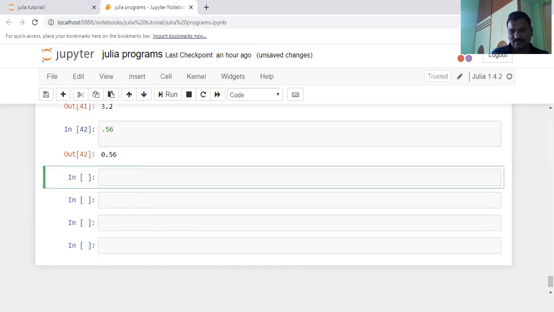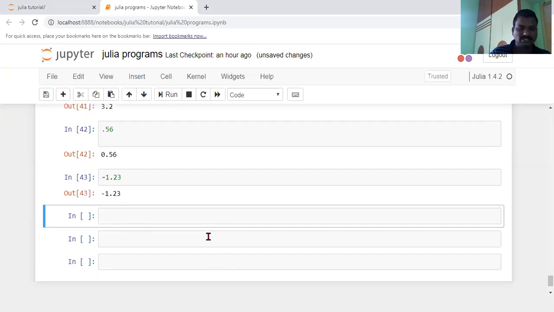Another important one here is the minus floating point number. You also represent minus 1.23, which is also one type of floating point number. And then other important information here is that Julia allows a floating point number with an e exponential value.